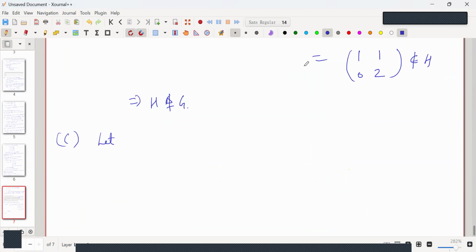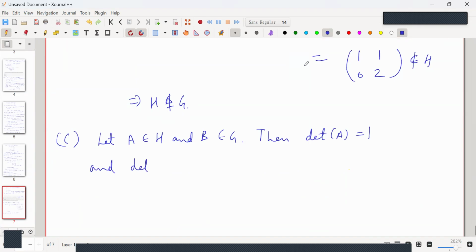But here A and A inverse are from your G. Yes, but determinant of A times determinant of A inverse is always 1. And determinant of an element belonging to H will also be 1.